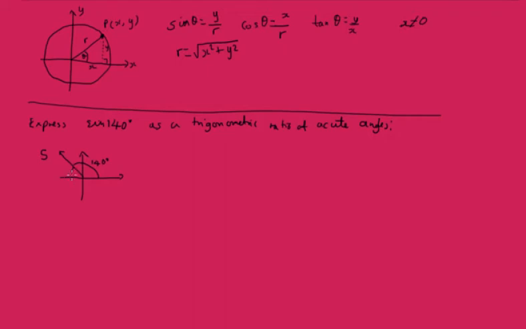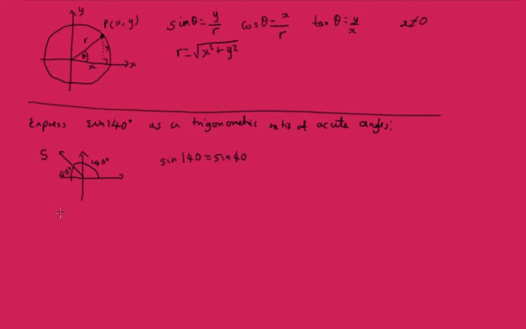So this here, if that's 180, this angle here must be 40. So sine of 140 must be equal to the sine of 40, because that's the same angle as that.